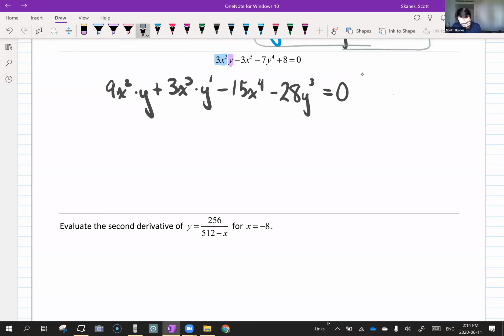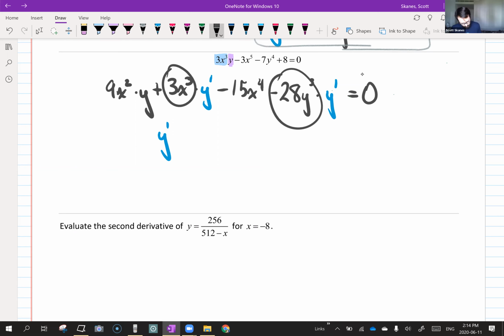What I'm going to do is bring this term and this term to the right, because they do not have y prime. In fact, I even made a little mistake here. Forgot my y prime. What happens when you do things too fast. Anytime you do the derivative of a y, it pops out a y prime. The rest follows. So I'm going to factor out my y prime. That leaves this and this: 3x cubed minus 28y cubed.